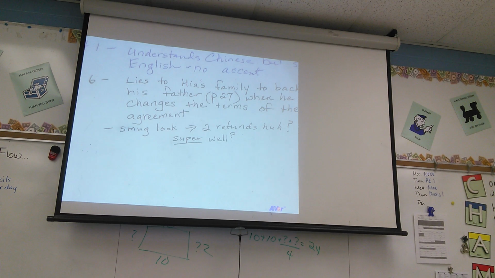Do we have any details, though, that indicate that he would get in trouble if he didn't say something? We don't really seem to have any details here that indicate that he would get in trouble with his father. I don't know that that idea is supported with what we have so far.